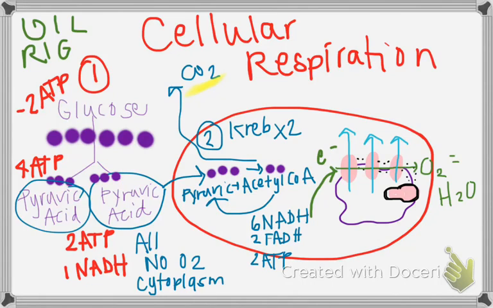So the hydrogen molecules, let's see if we can make those arrows a little smaller. Hydrogen molecules are pumped out here into that confined space, and it builds up a hydrogen concentration gradient. So you got a whole bunch of hydrogens out there.